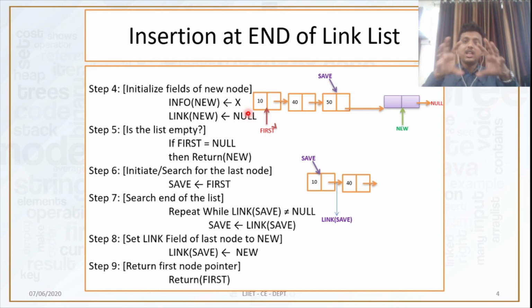I need to connect the last node pointer to this new node, so I need the names of both nodes. I take first and save, do traversing in the singly linked list, assign save to the last node, and give its link to new. Got it? Still, if you have any doubt, please feel free to ask me.